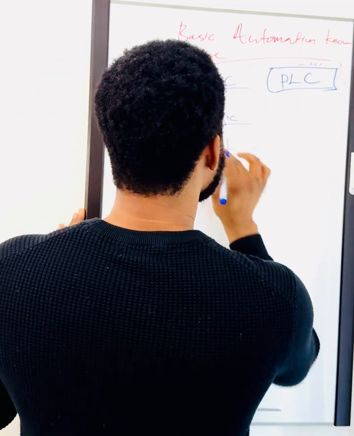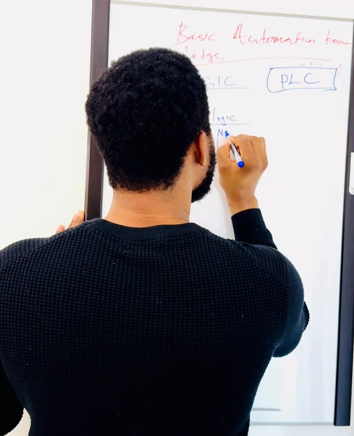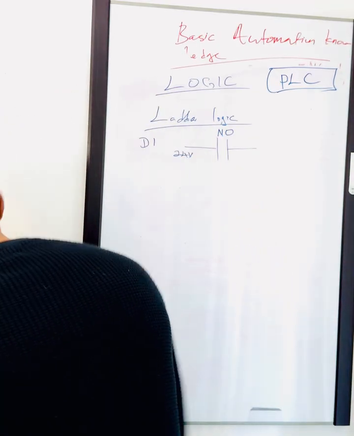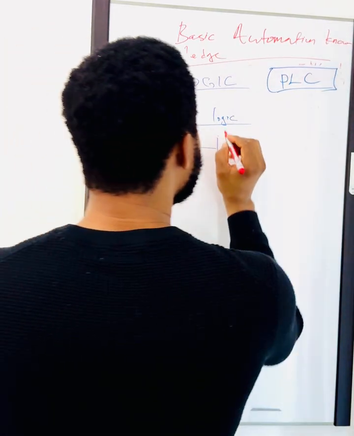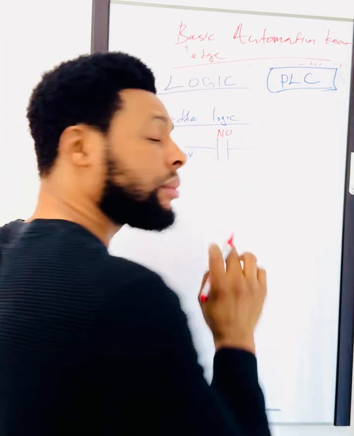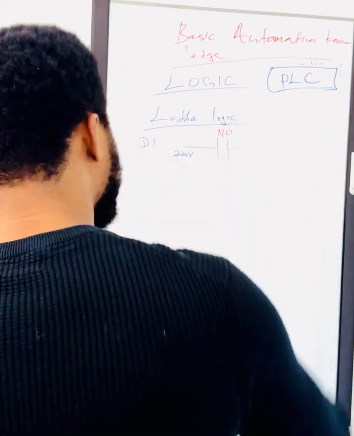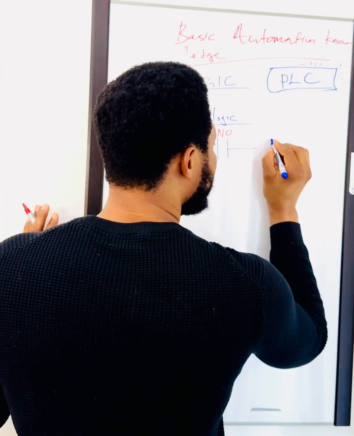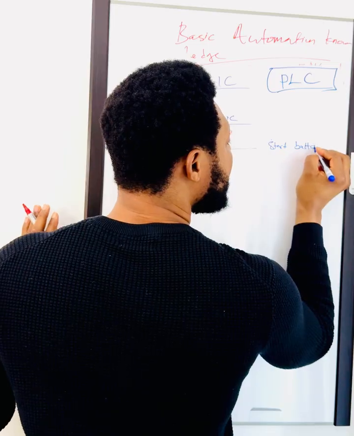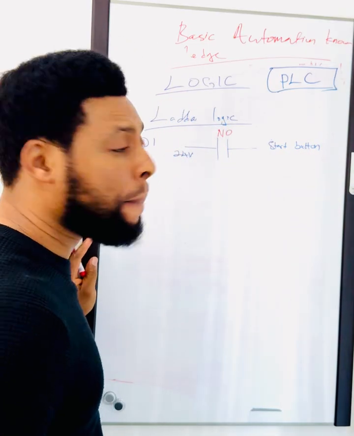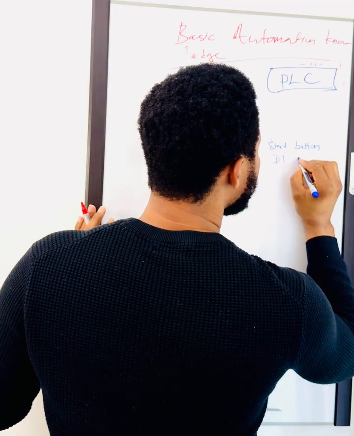So this type of circuit is called normally open. It stays open until you press the button. An example of this is a button, like a start button, or your digital input sensors.